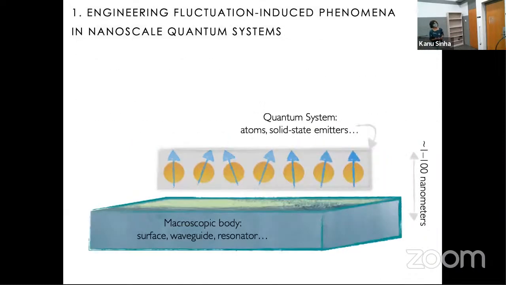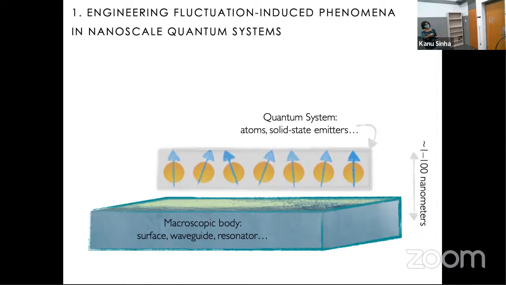To explain a little bit more what I mean by fluctuation-induced phenomena in nanoscale quantum optical systems. Here, for example, is a quantum system of interest that could be some atoms or some solid state emitters that are at a few hundreds of nanometers away from the surface of a chip or a waveguide or a resonator.